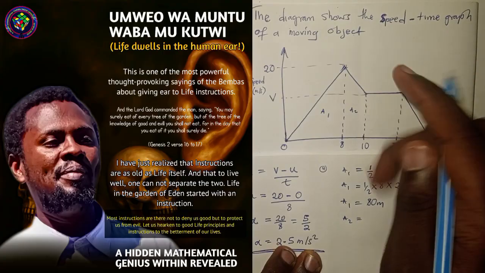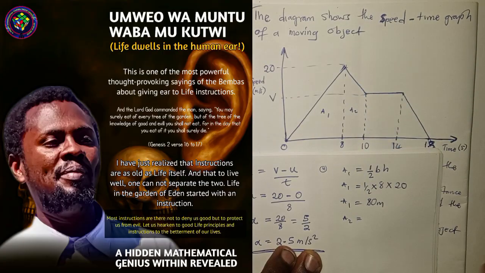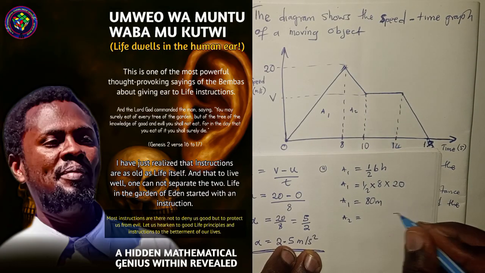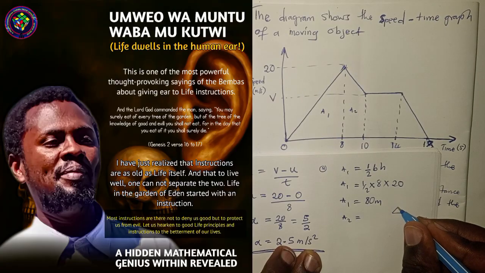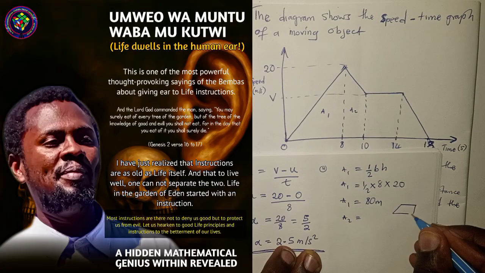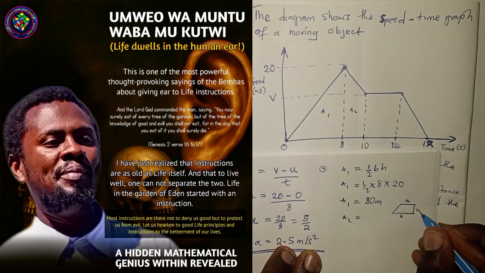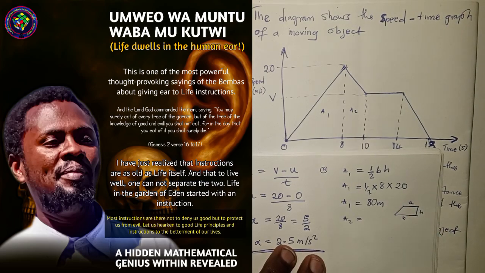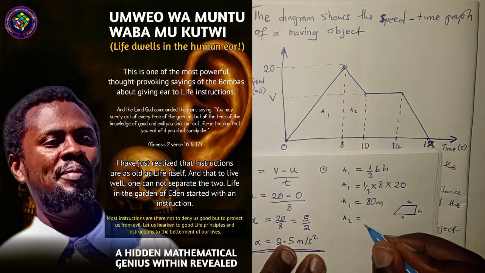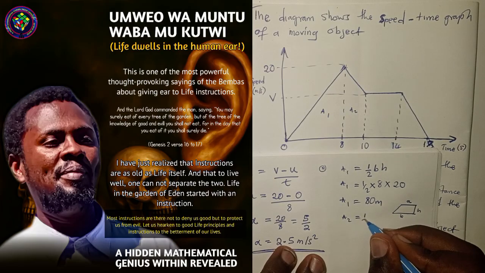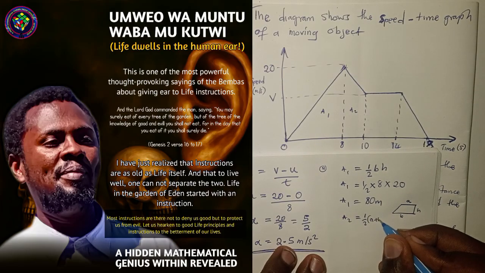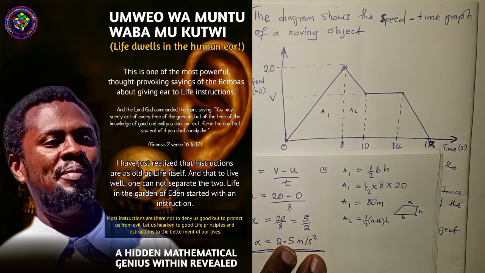Area 2 is a trapezium. It's like this, so we have A there, B, and height. For the trapezium, the area is half times A plus B multiplied by height.